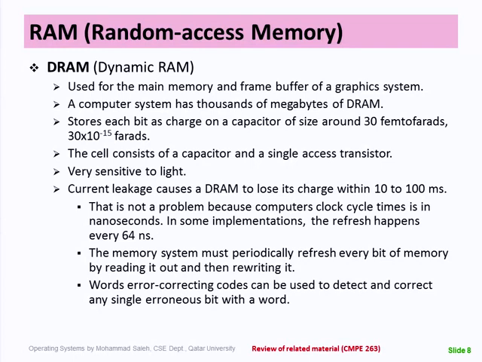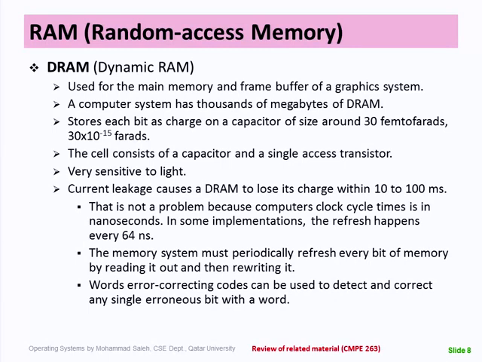In fact, the refresh is done for the DRAM almost every 64 nanoseconds, which is much less than what it needs. That's great. Refreshing means that periodically, every bit is read and written back to the DRAM. That's what happens in reality, every short amount of time, because they are volatile.